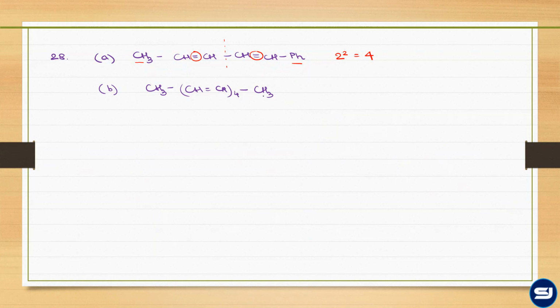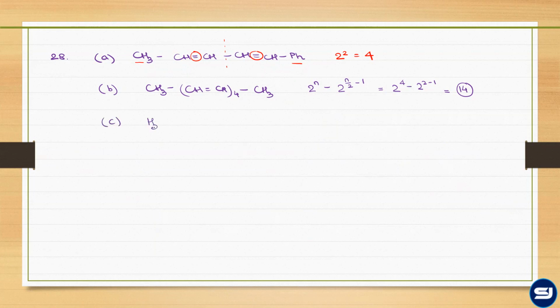So if the molecule is symmetrical and the number of geometric centers are even, then number of geometric isomers are given by 2 raised to n minus 2 raised to n by 2 minus 1. That's 2 raised to 4 minus 2 raised to 2 minus 1, which is equal to 14 isomers. What they have given is 2, doesn't match.